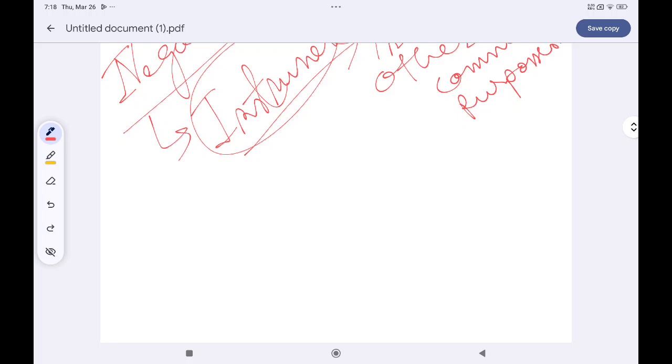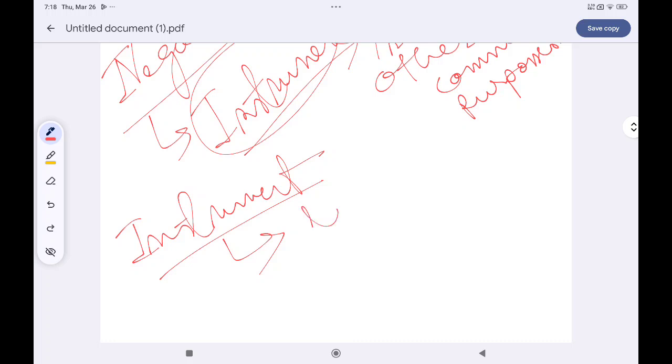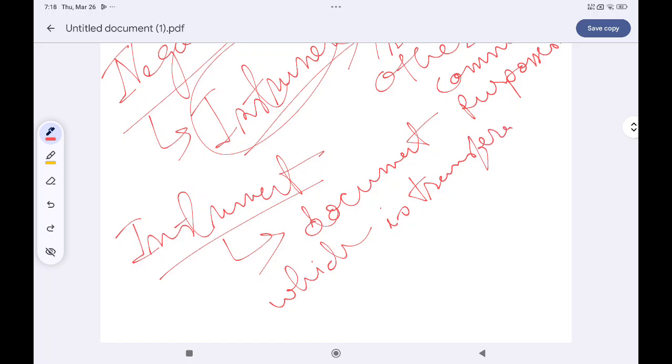But here, instrument simply means a kind of document which is transferable from one individual to another.